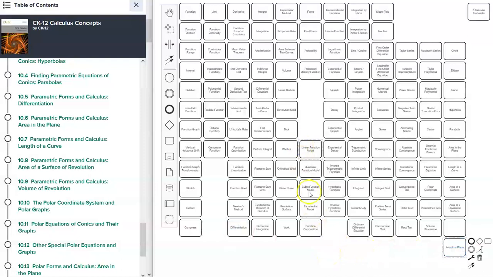And that would be revolution volume. Here's revolution surface. Let's move this up here. Somewhere in here we have a revolution volume. Do you see it? There it is. Volume revolution. But I think it should be the opposite. I think it should be revolution volume.